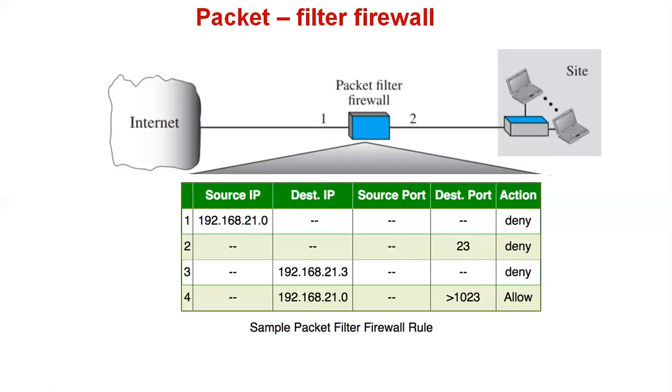In a similar way, we can set incoming or outgoing packets to be allowed or dropped by this table algorithm. Here, for the last one, the destination IP address is like this, and a destination port address greater than 1023 can be allowed.